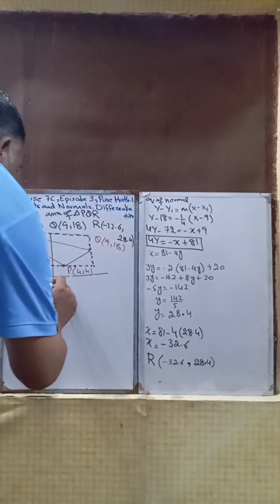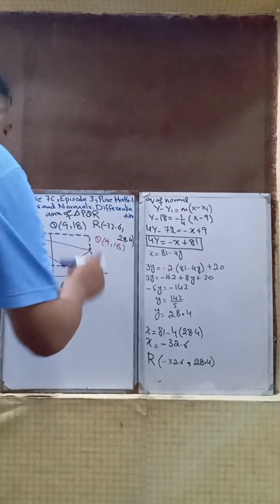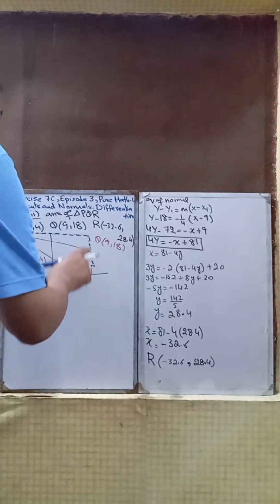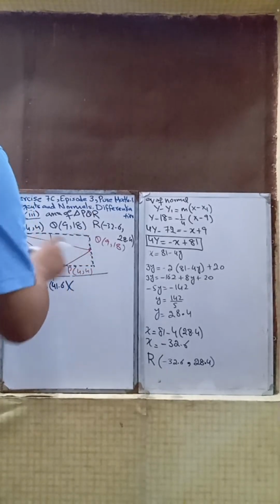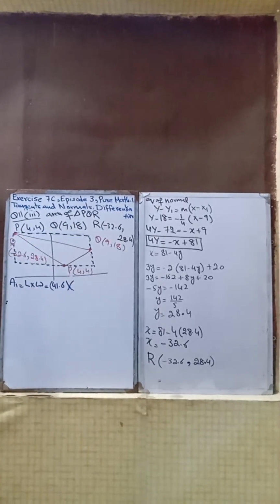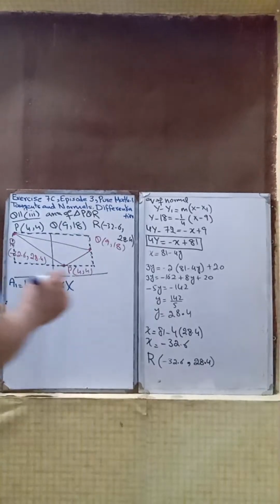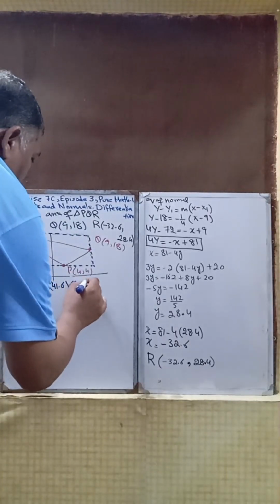So the length is 41.6. And what is the width? This y is 4. And this point, its y is 28.4. So from 4 to 28.4, this is 24.4.